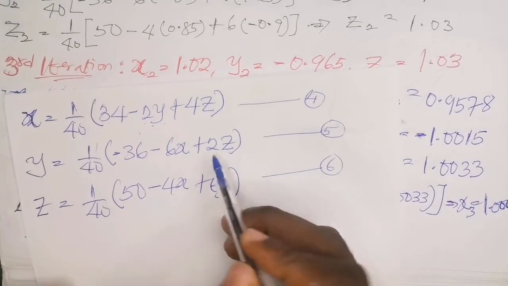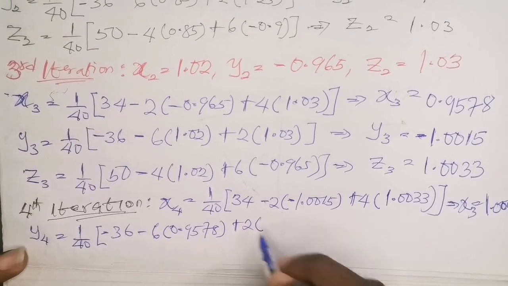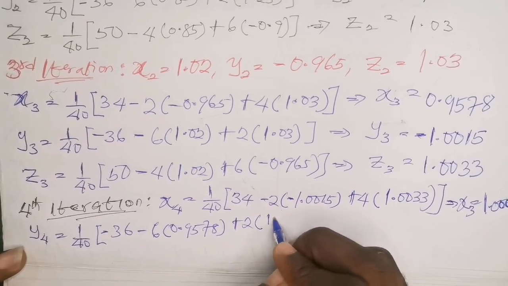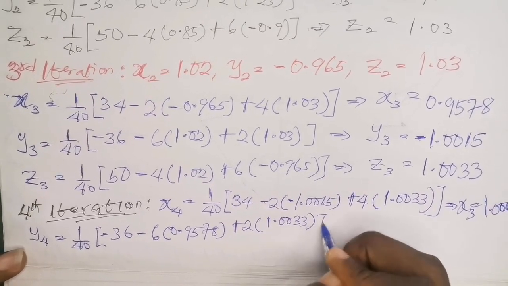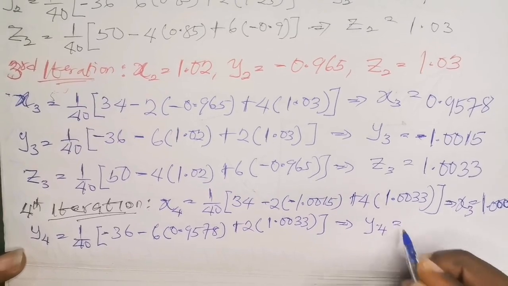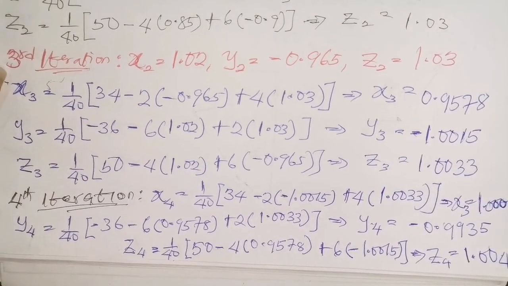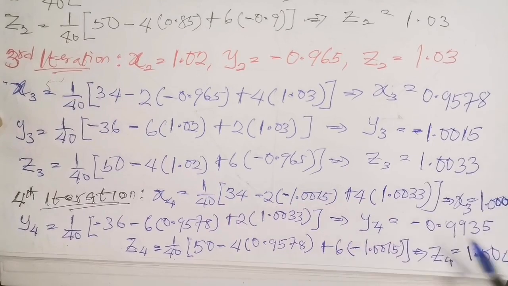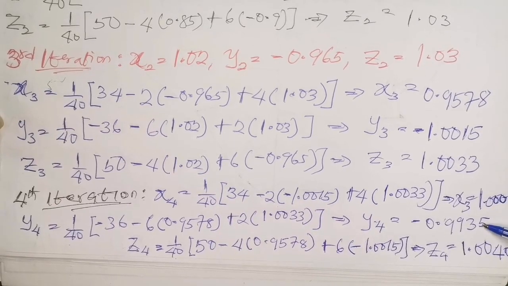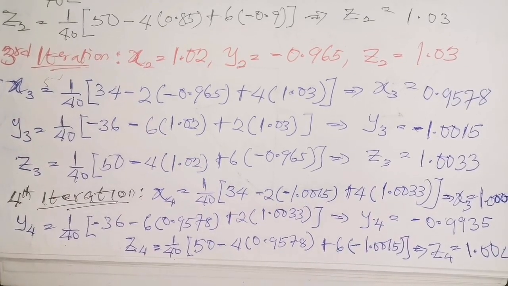Then you have plus 2z, and z there is z3, so this is plus 2. The value of z3 obtained is 1.0033. So 2 times 1.0033. Okay, so this simply implies that we are going to have our y4 to be equal to, let's punch everything together. All right, so upon final evaluation for y4, we had y4 to be equal to negative 0.9935 approximately.